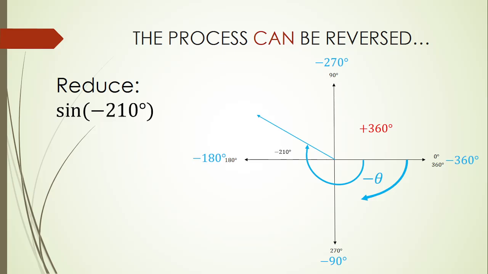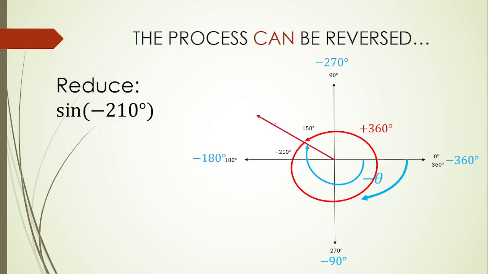The reason why we could only use 360 is because it places us in the same position as we were in the negative. So if we start from this point, and we go negative 210 plus 360, do you see how it takes us to the exact same place?